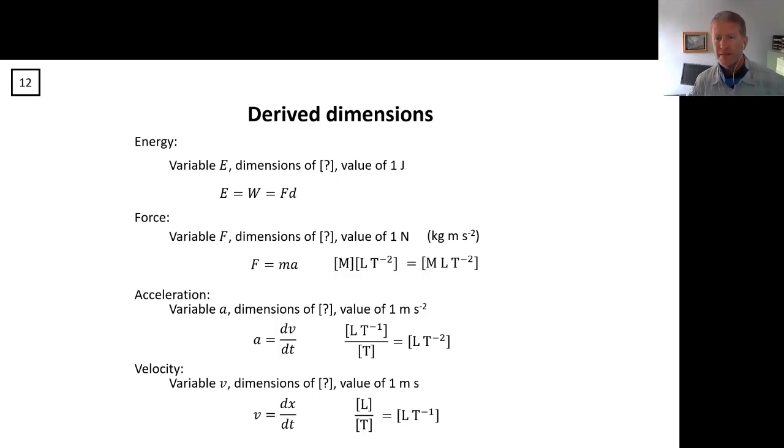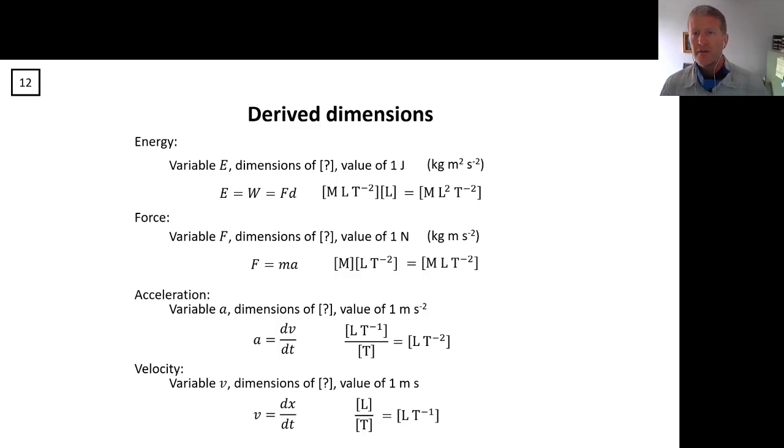And finally, we can plug those dimensions of force, mass length per time squared, back into the force times distance equation for energy and work. And we can see that the dimensionality of energy is mass length squared per time squared. Again, if you know what a joule is, a kilogram meter squared per second squared, you can use that to help you double check your dimensions.